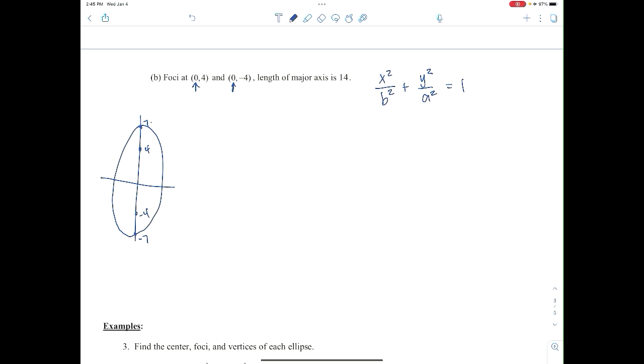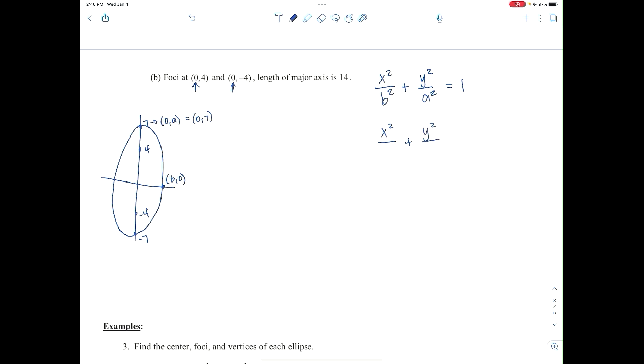This gives us our a value at (0, 7). And then here we would have our b value at 0. So we have our a. Let's fill that part in.